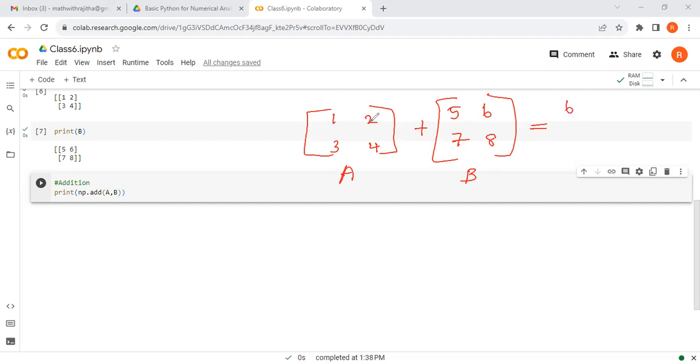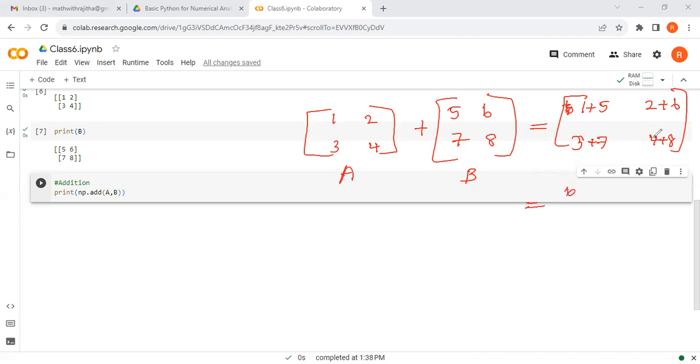The first row, second column place adds up with the same place of B. So 1 plus 5, 2 plus 6, 3 plus 7, 4 plus 8.